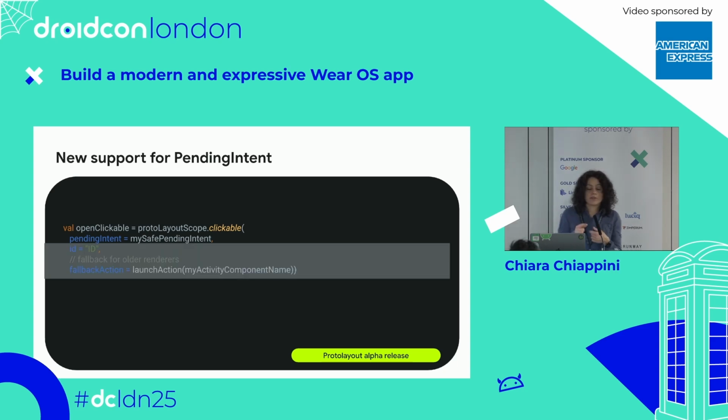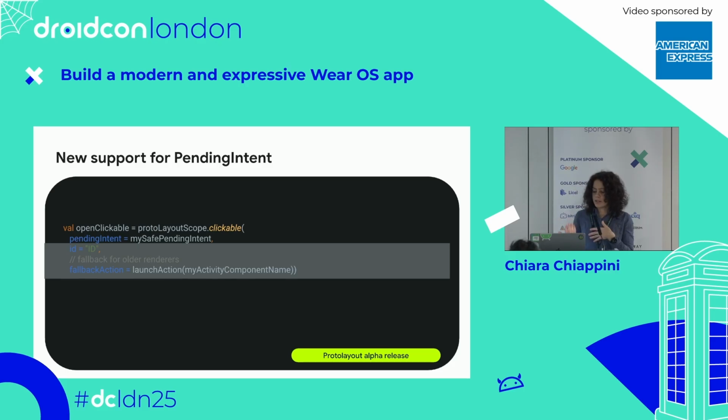When migrating to use pending intent, there are two things to call out. Make sure that the ID is unique among the pending intent clickables used within the same tile. And then it is highly recommended to provide a fallback action for backward compatibility, ensuring that the tile works well on devices that haven't been updated to the latest tile renderer.